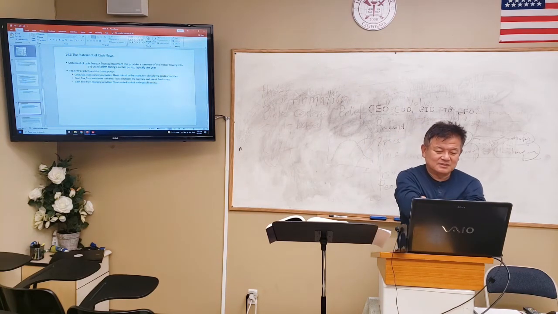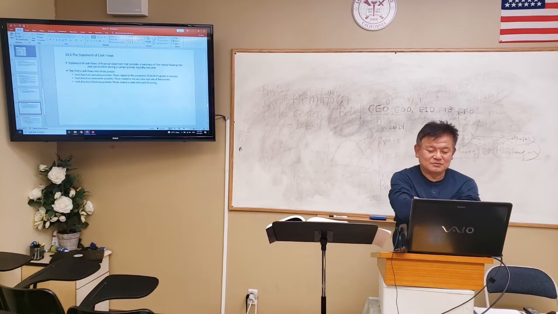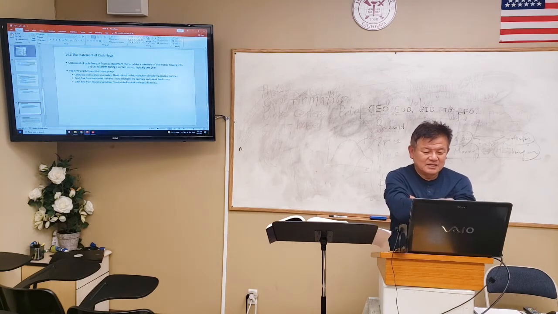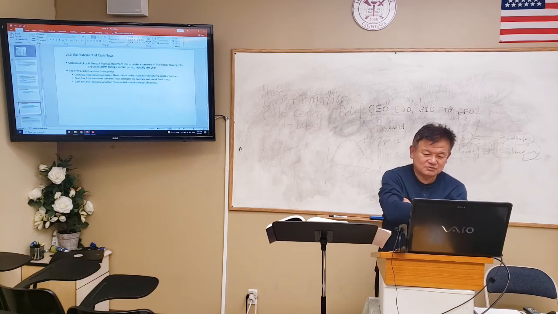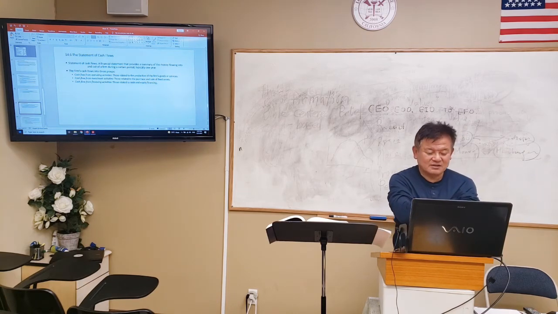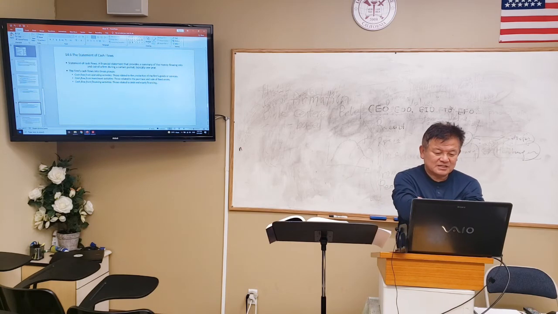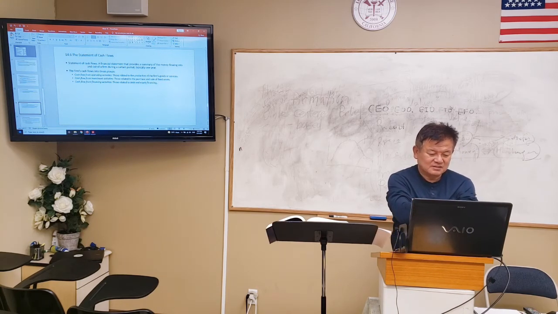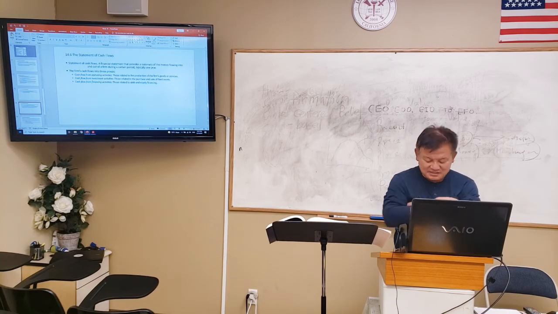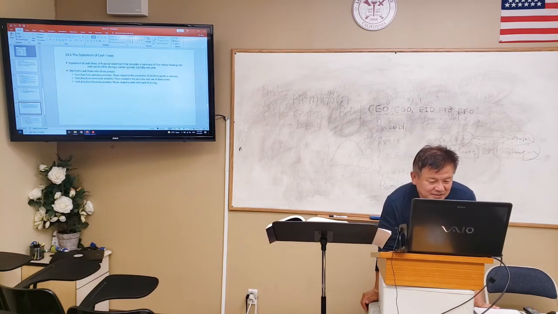So the statement of cash flow is mostly one year. It shows the summary of money flowing in the firm's cash flow in three groups: cash flow from operating activities, cash flow from investing activities, and cash flow from financing activities. There are three kinds of things. The firm's cash flow consists of these three groups.